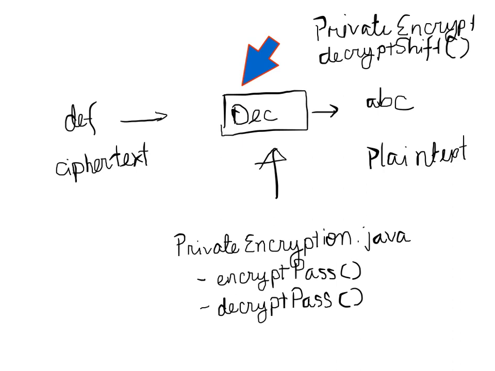And decryptPass decrypts a ciphertext that was encrypted using a password, and gives you back the plain text. I will probably not go into the details of these 2 methods, but encryptShift and encryptPass are 2 different ways of encrypting a plain text to ciphertext.